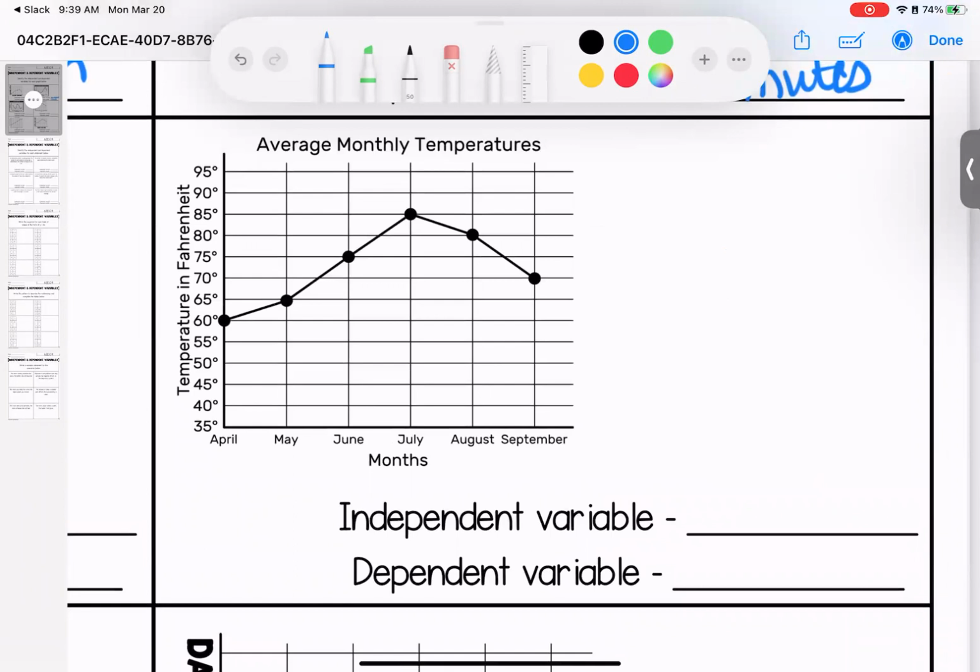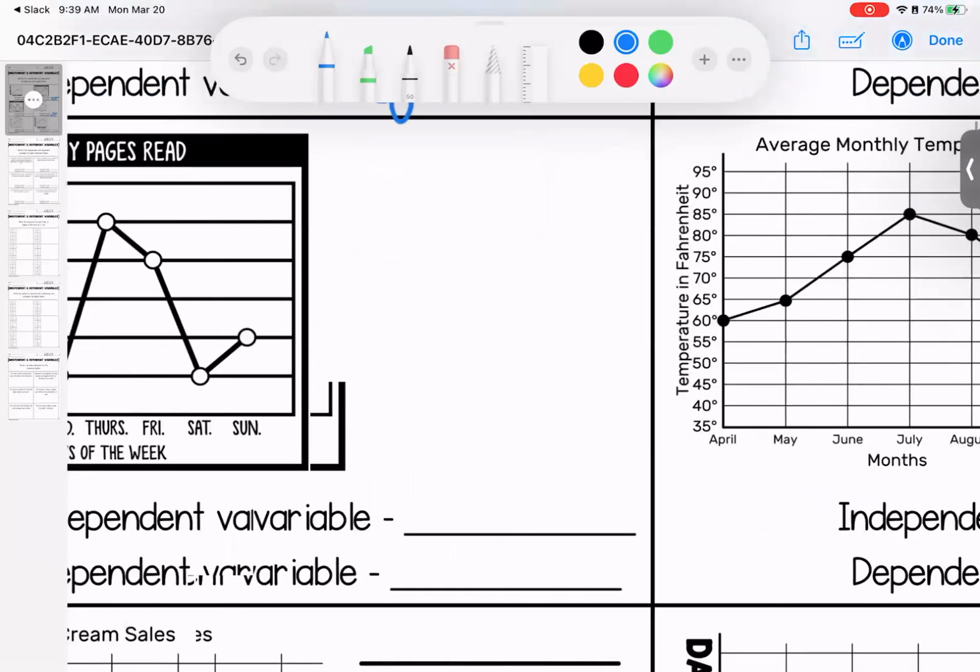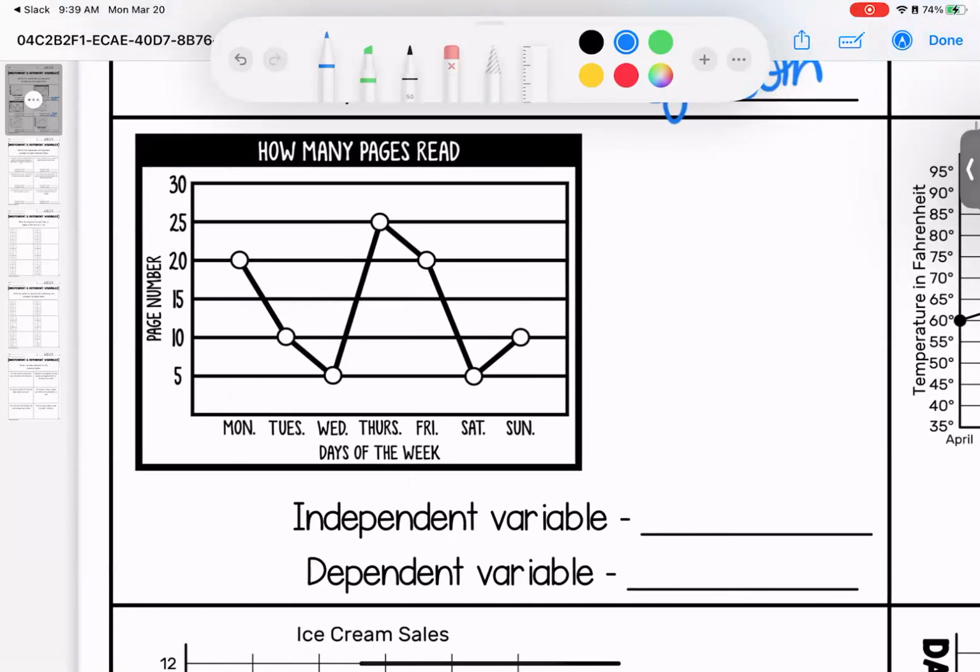We're looking at the average monthly temperature in different months. So the temperature is going to depend on the month. Over here, we're looking at pages read on different days of the week. And the days of the week is going to change the pages that are read.